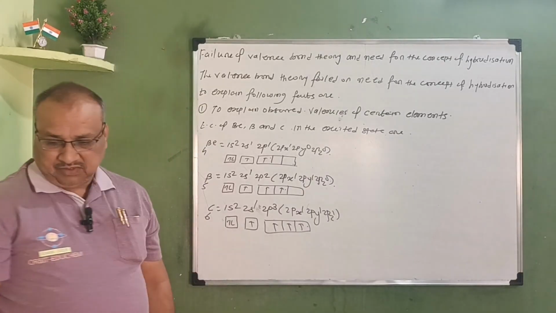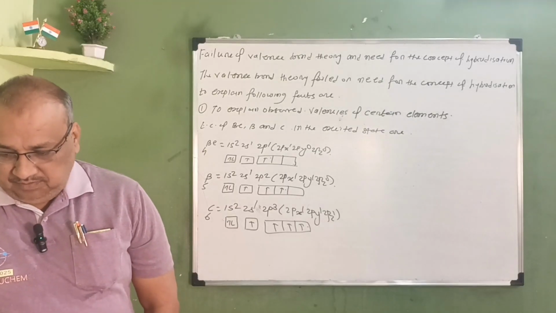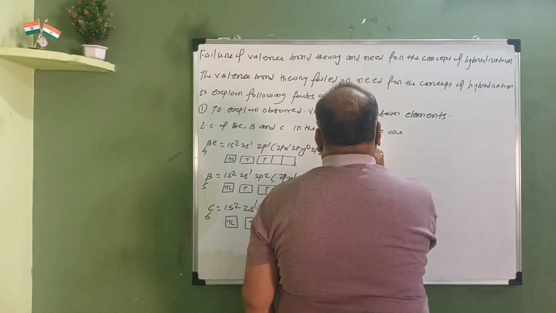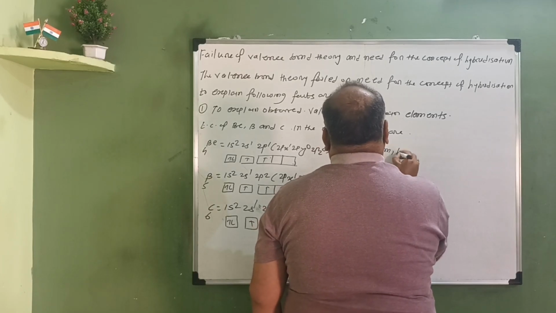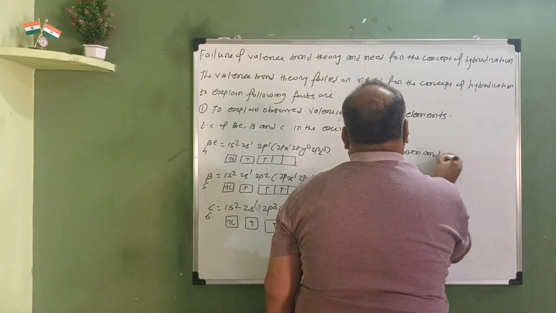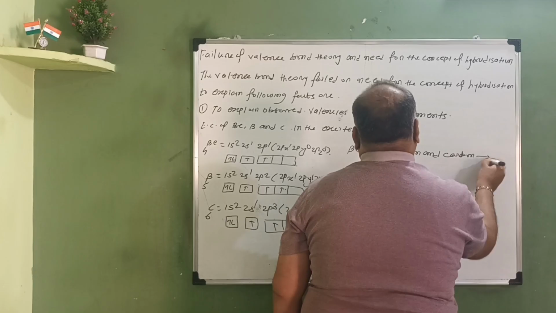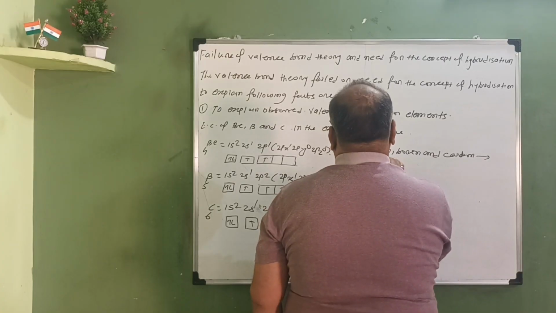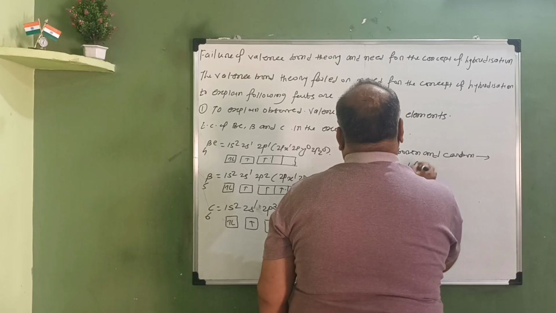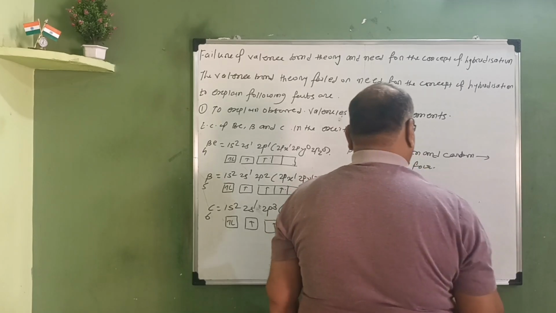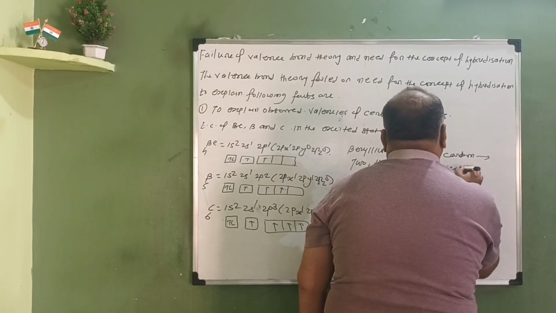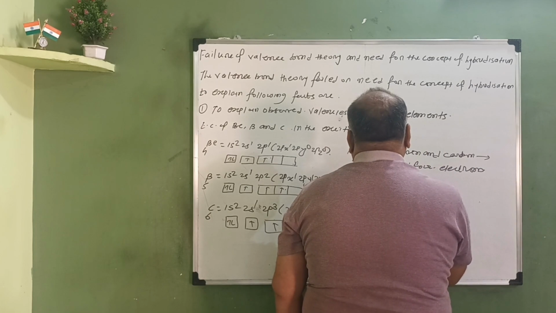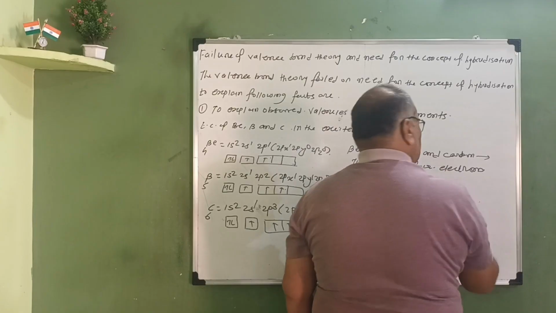That means here beryllium, boron and carbon contain 2, 3 and 4 electrons in the valence shell respectively.